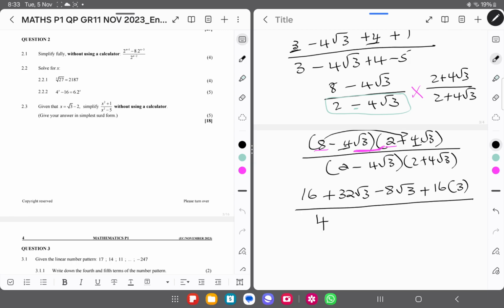This will then be 4 for this one and this one, and this and that one will then be plus 8 the root of 3. Then this will be minus 8 the root of 3. This will cancel, so I don't need to write that. This will then be minus 16 the root of 3.